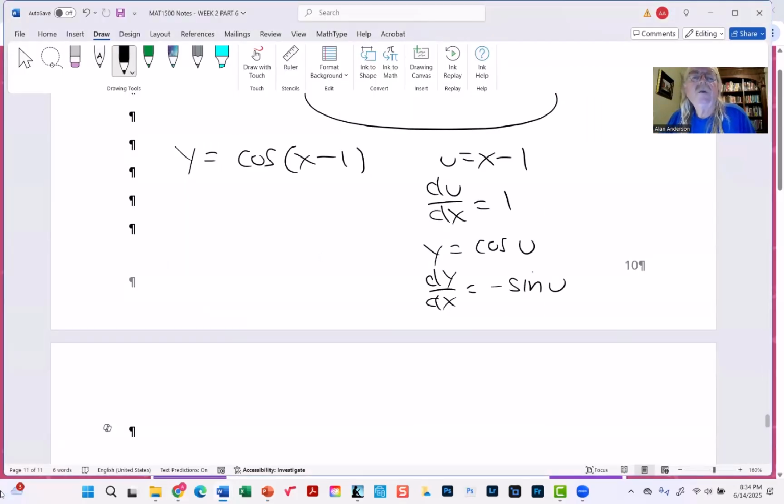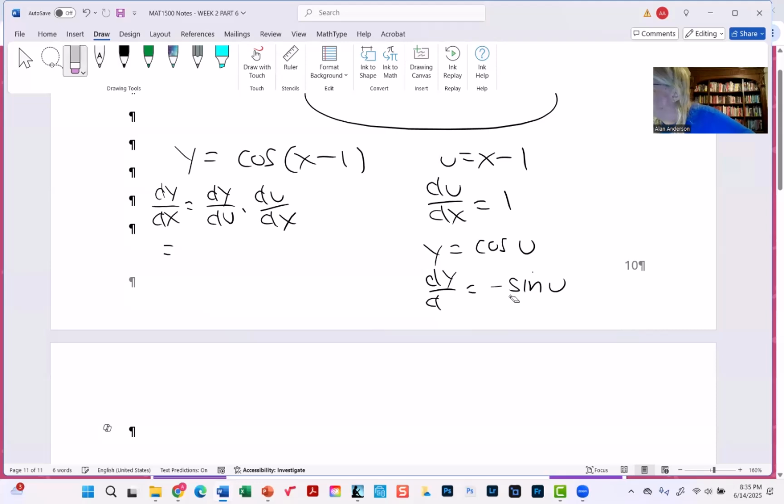Okay, so we combine these together. I know what happened. I wrote the wrong thing here. This is dy. I was wondering what happened to my dy du. Okay, minus sine u times one.